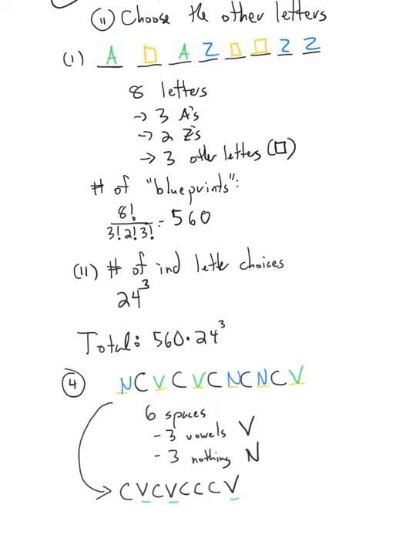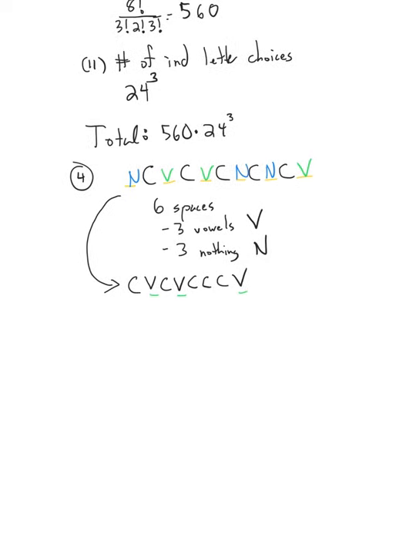So let's count how many ways there are to do that. Well, we have 6 letters. 3 of them are V's. 3 of them are N's.